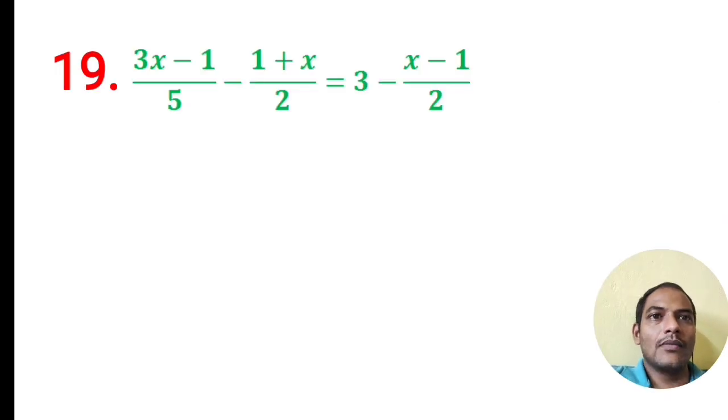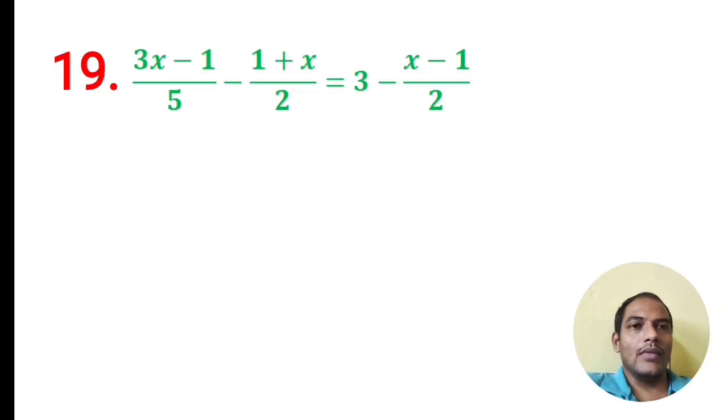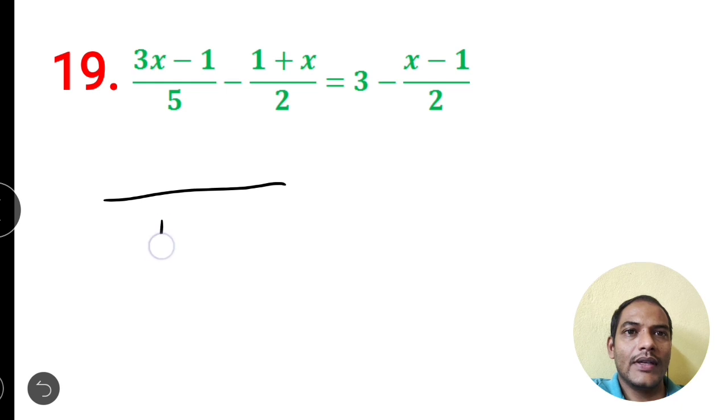Next, (3x minus 1)/5 minus (1 plus x)/2 equals 3 minus (x minus 1)/2. Let's make a single fraction on both sides of the equal symbol. So first the left side: 5 comma 10, the LCM is 10.